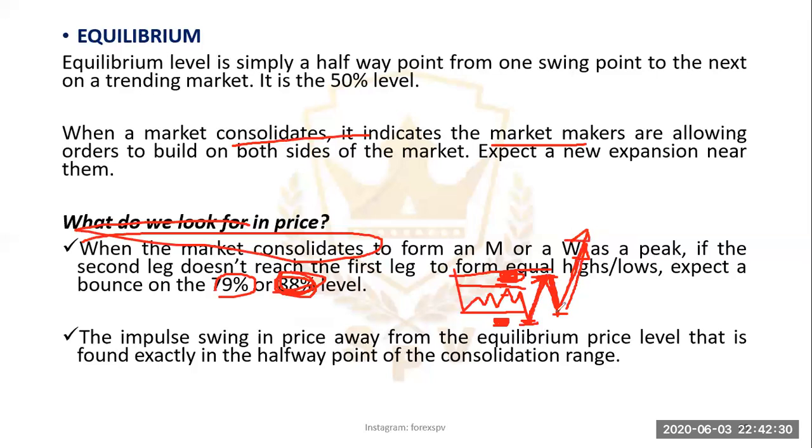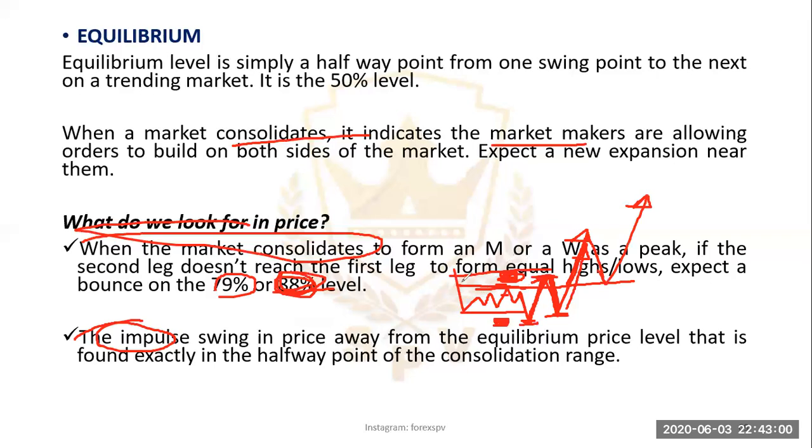So I expect the second leg to be around the 88% level. And after the market has expanded, we expect the impulse swing retracement should come all the way to 50%, the equilibrium level, and then move away from it.